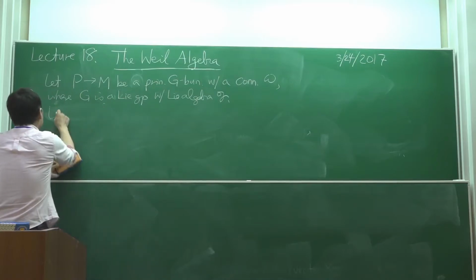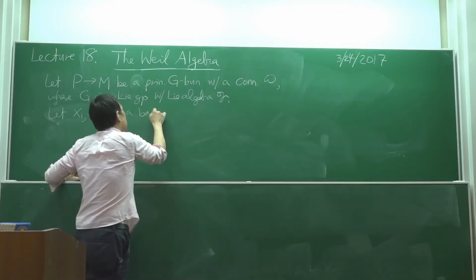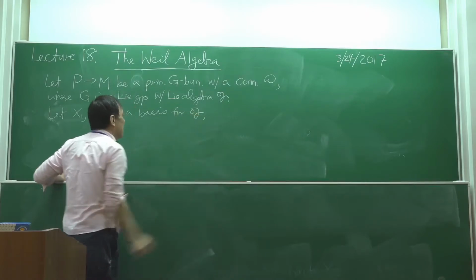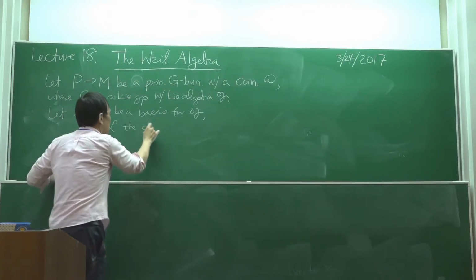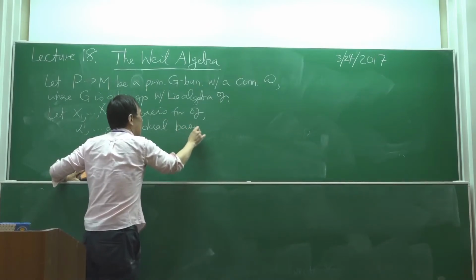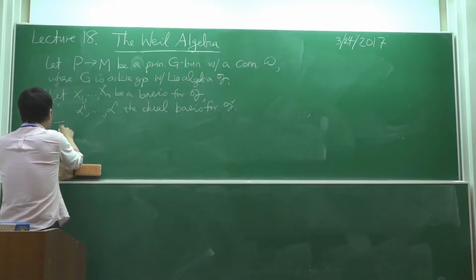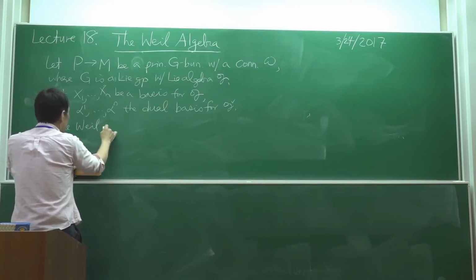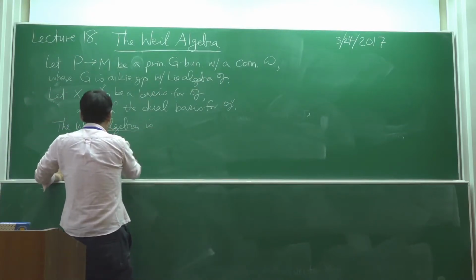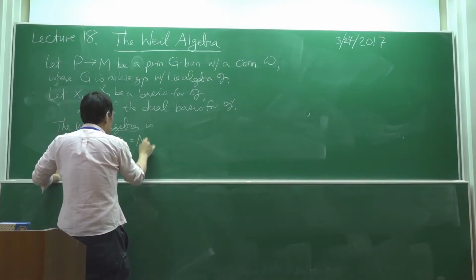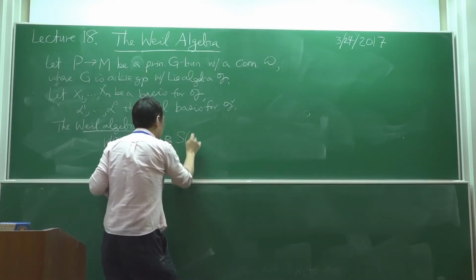And the dual basis alpha 1 to alpha n. Then the Weil algebra is the exterior algebra of g dual tensor with the symmetric algebra of g dual.